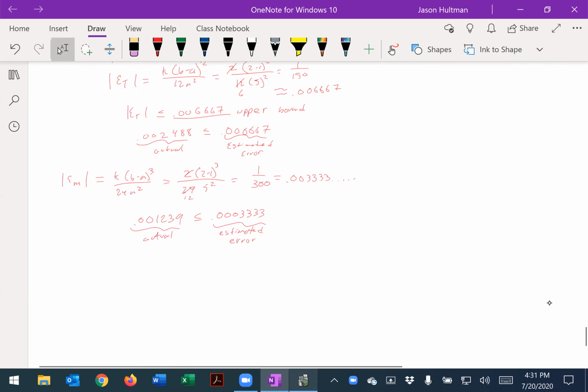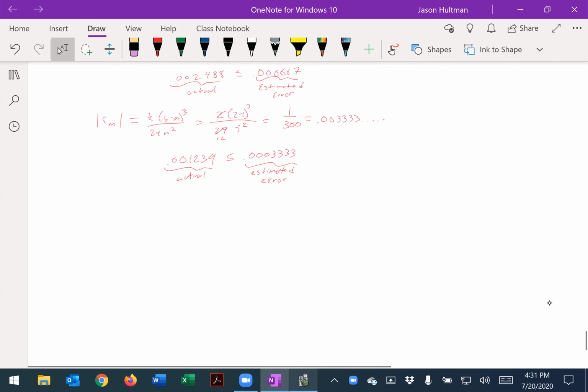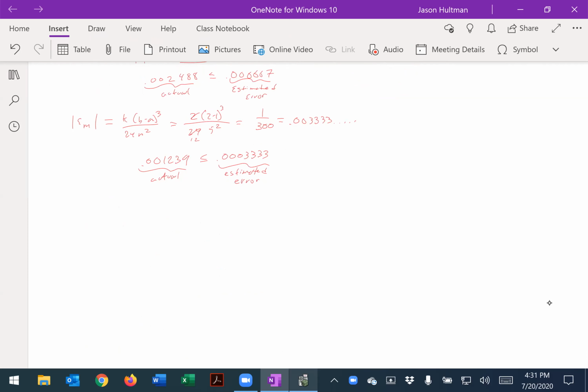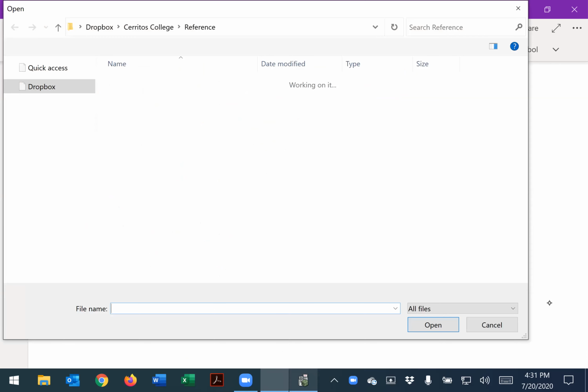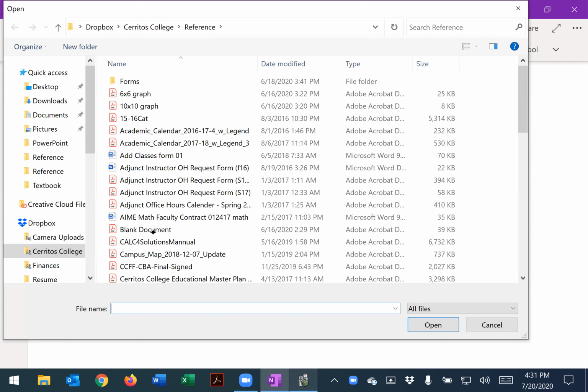Let me insert some more paper here because we've got a little more ways to go. That's what happens when you lecture for 3 hours straight. You run out of paper. Let me insert some more blank pages here.